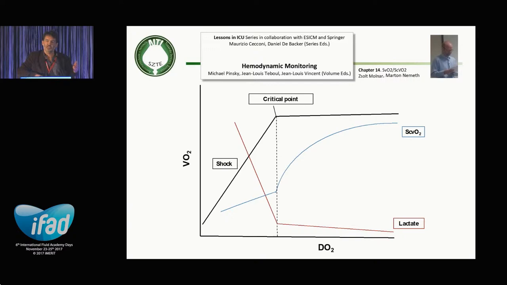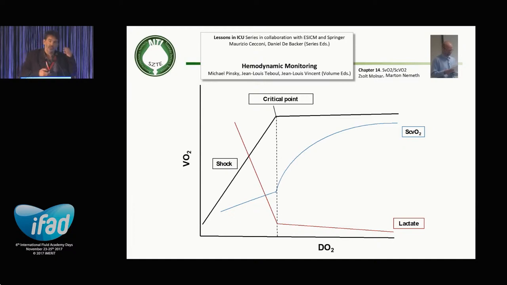Now, what happens if your patient becomes hypovolemic? There's no real problem at the beginning, because if the oxygen delivery is dropping due to any reason, let it be hypovolemia, oxygen uptake, VO2, by the cells will remain static for a considerable length of time.